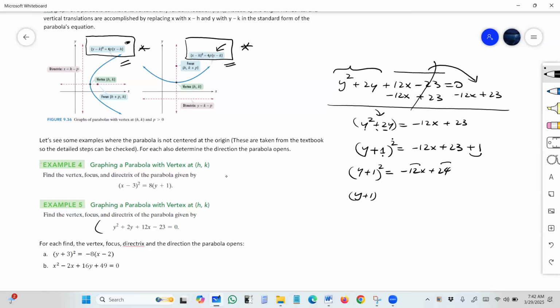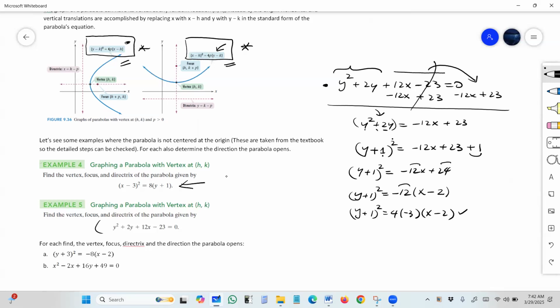So y plus 1 squared, and I can factor a minus 12, and I have x minus 2. Now I am back to something that resembles this, right? So now you factor a 4 out of this thing. Obviously, I get minus 3 here, and I get x minus 2. Perfect. So this is already the equation in standard form.